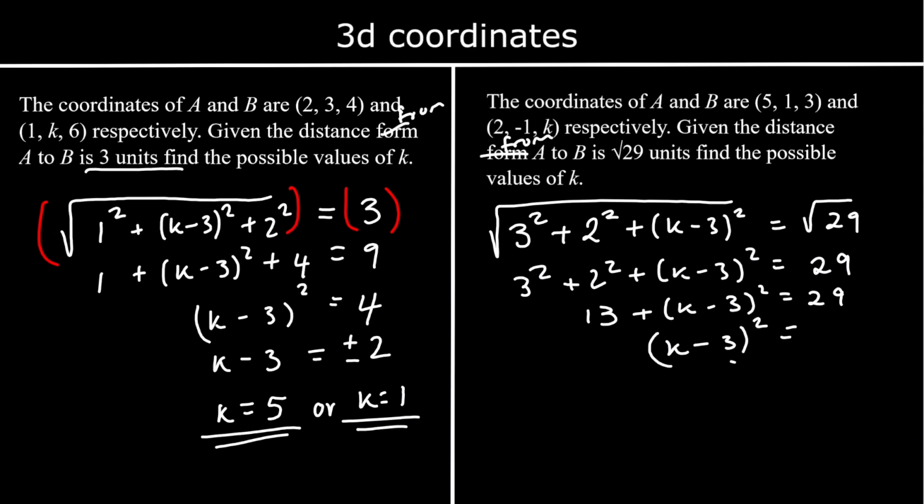So take away 13 from both sides. k minus 3 squared is 16. So k minus 3 is plus or minus the square root of 16, which is 4. So k can be 3 plus 4, which is 7. Or k can be 3 minus 4, which is negative 1.